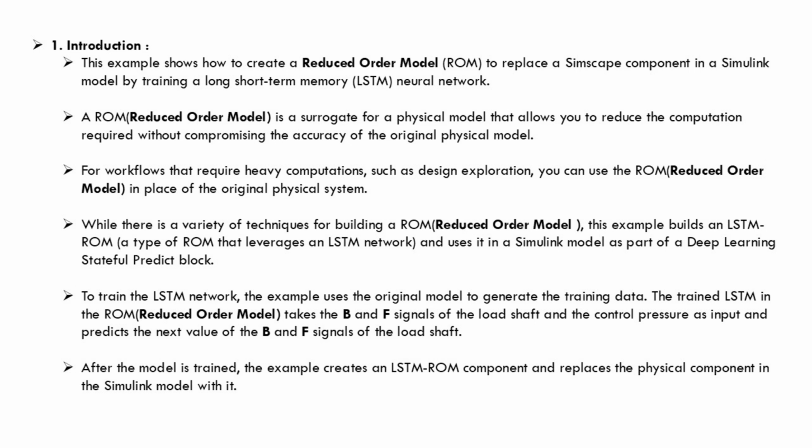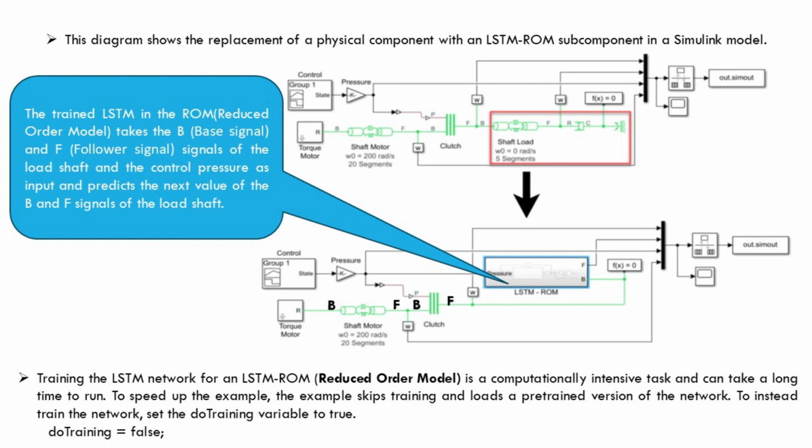While there is a variety of techniques for building a ROM, this example builds an LSTM ROM, a type of ROM that leverages an LSTM network and uses it in a Simulink model as part of a deep learning stateful predict block. This diagram shows the replacement of a physical component with an LSTM ROM subcomponent in a Simulink model.